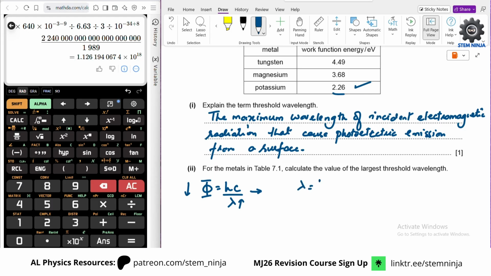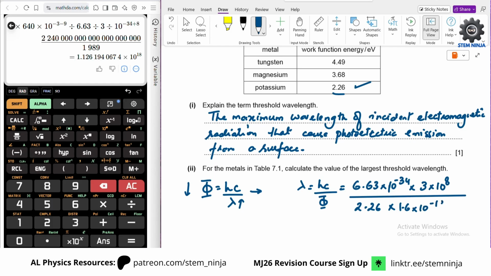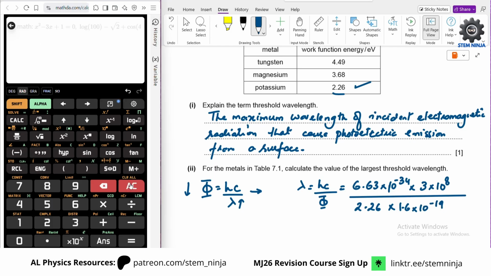So lambda is hc over phi: 6.63 times 10 raised to power minus 34, 3 times 10 raised to power 8, 2.26, and 1 electron volt is 1.6 times 10 raised to power minus 19 joules. This is something you need to remember always.